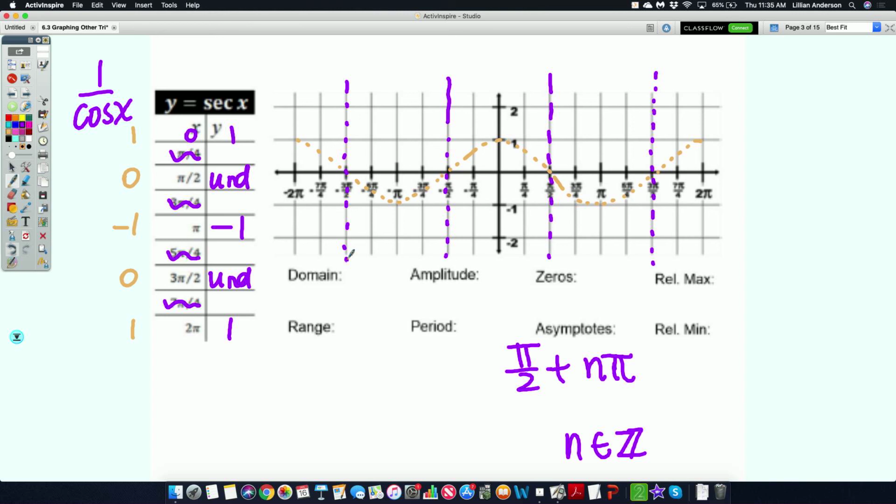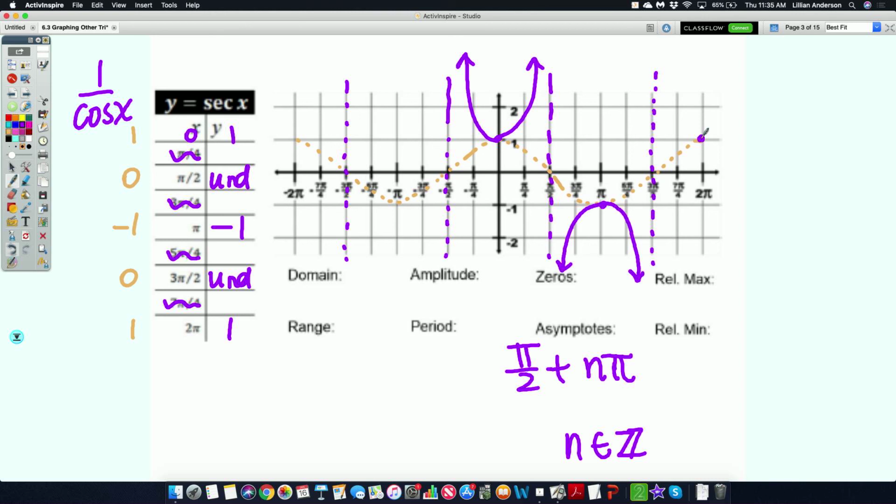Now, to get the rest of the graph, at 0, I'm at 1. At pi, I'm at negative 1. And at 2 pi, I'm at 1. Secant is very similar to cosine, meaning that if you're at a maximum on your cosine function, your graph is going to point up. And if you're at a minimum on your cosine function, the graph is going to point down.